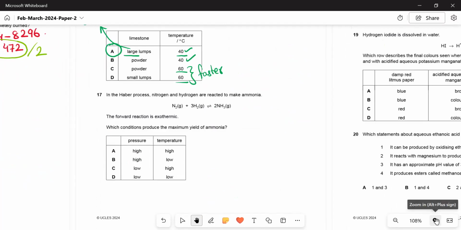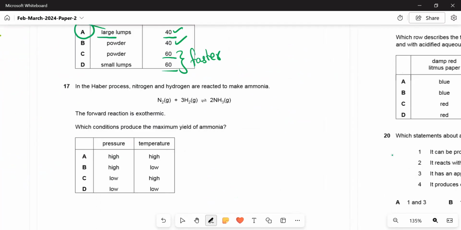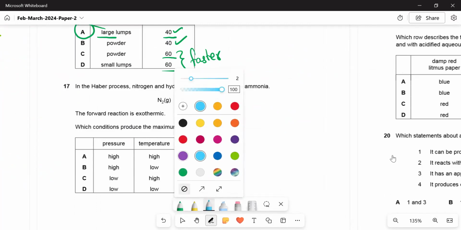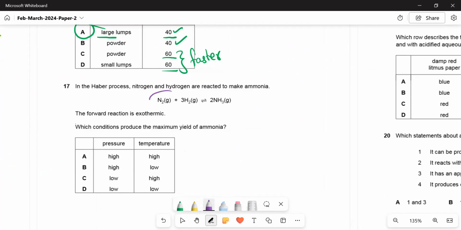Okay. Next we have question number 17. In the Haber process, nitrogen and hydrogen are reacted to make ammonia. Okay, so this is the reversible reaction. The forward reaction is exothermic. Which conditions produce the maximum yield of ammonia? It means that we have to keep the system moving towards the forward side, or right side, to get more ammonia.